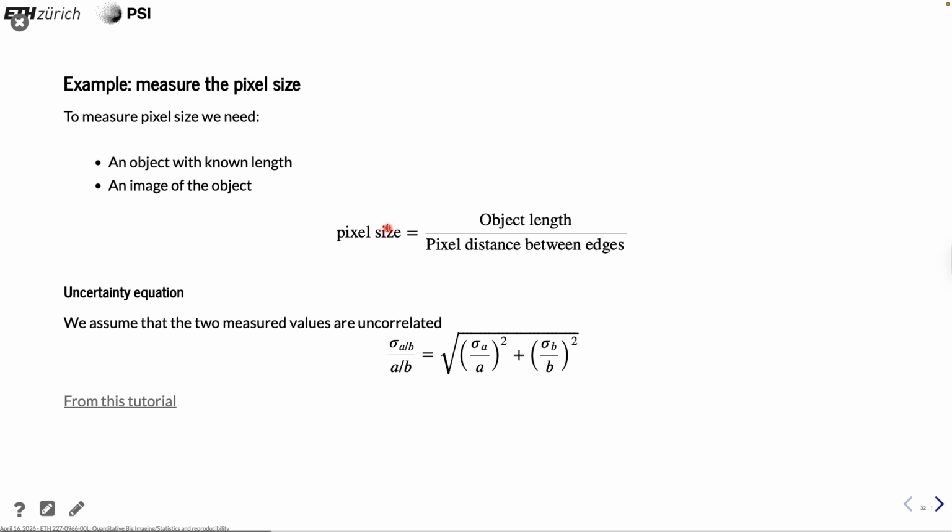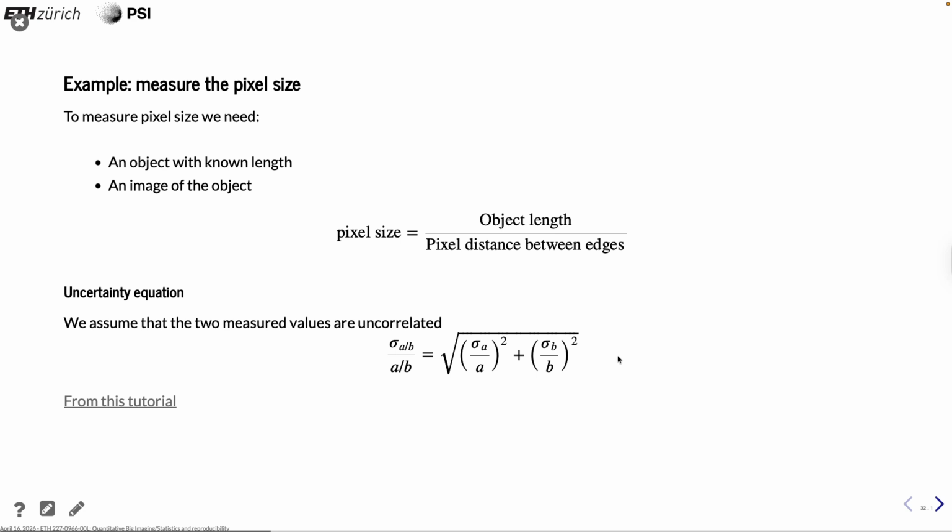The pixel size is essentially the object length divided by the number of pixels between two edges in this object. And the uncertainty equation looks like this, where we have the ratio of uncertainties.